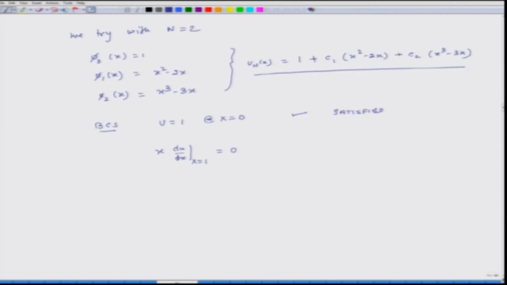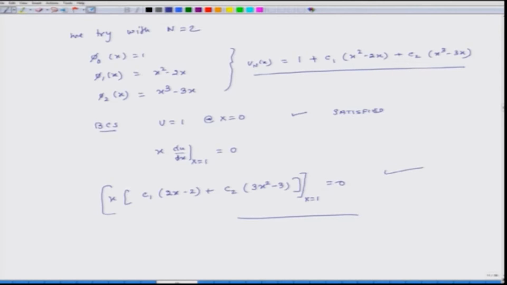So, we differentiate this equation and then multiply it by x. We get x times C1 (2x minus 2) plus C2 (3x square minus 3), and the value of this at x is equal to 1, when we calculate, comes out to be 0. So, both the boundary conditions are satisfied.